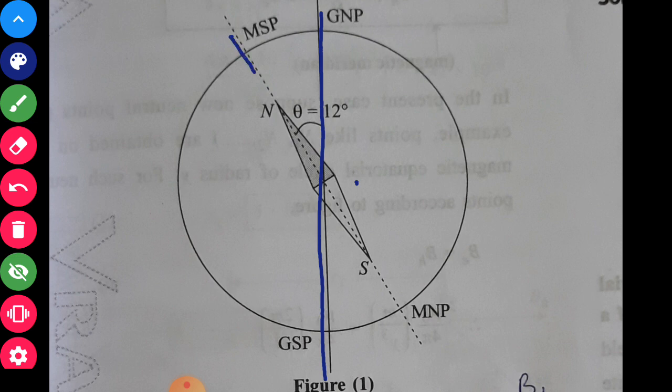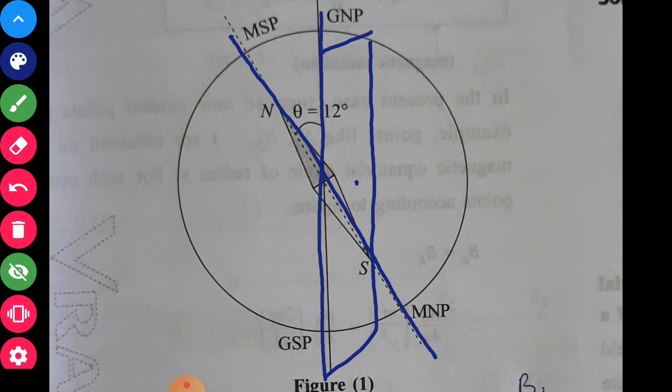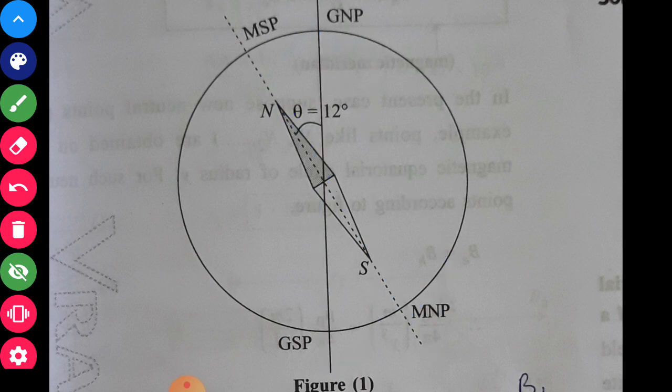Now magnetic north-south is in this direction, so this will be the geographic meridian and this will be the magnetic meridian. And the angle between the geographic meridian and the magnetic meridian is given, and that is 12 degrees.